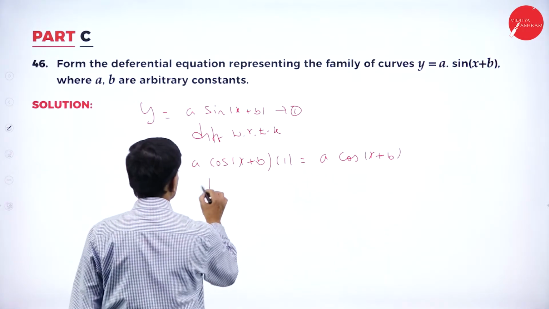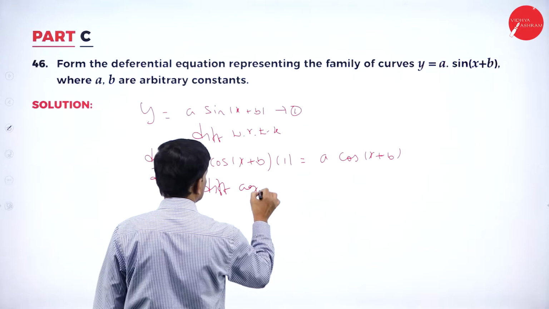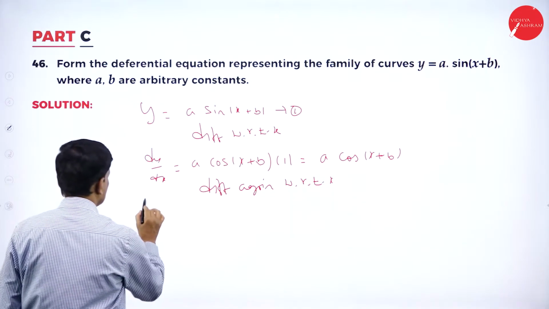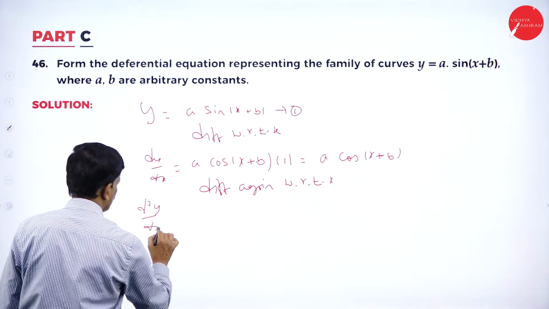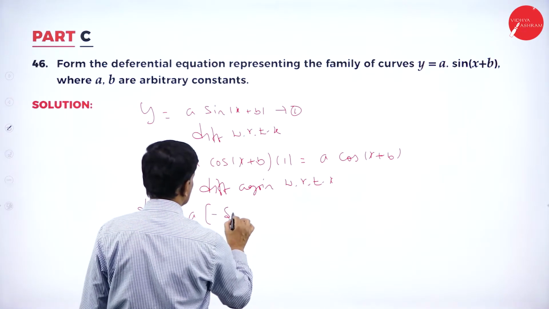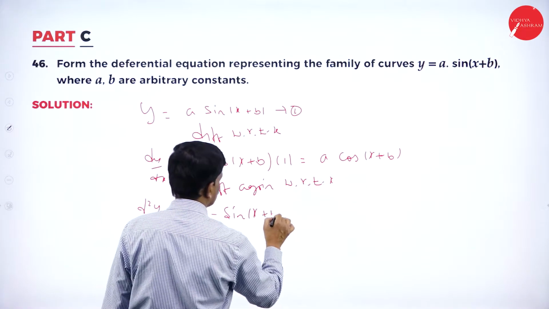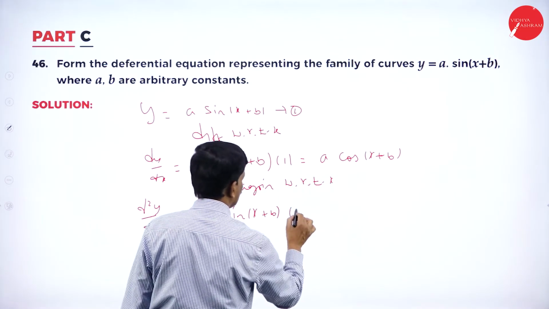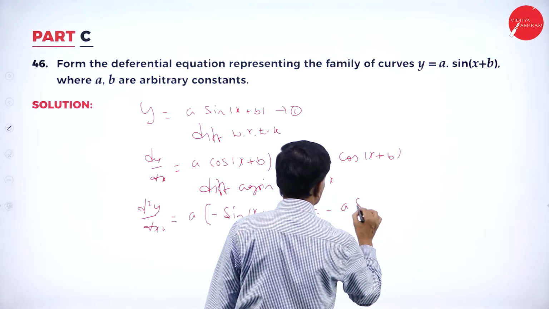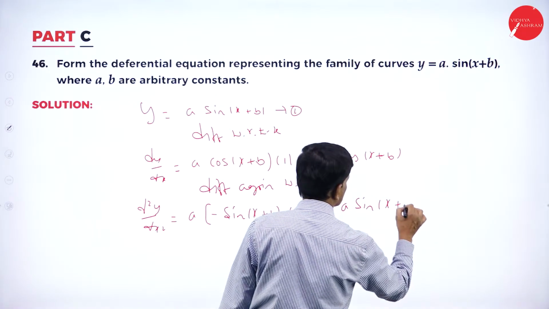Right. Differentiate again with respect to x. What you will get? D square y by dx square is equal to a as it is. Differentiation of cos is minus sine of x plus b into differentiation of x plus b, which is 1. So, this is minus a into sine of x plus b.